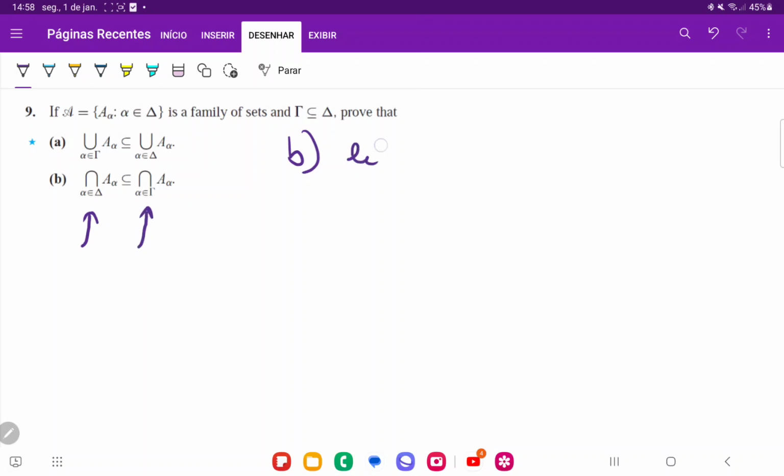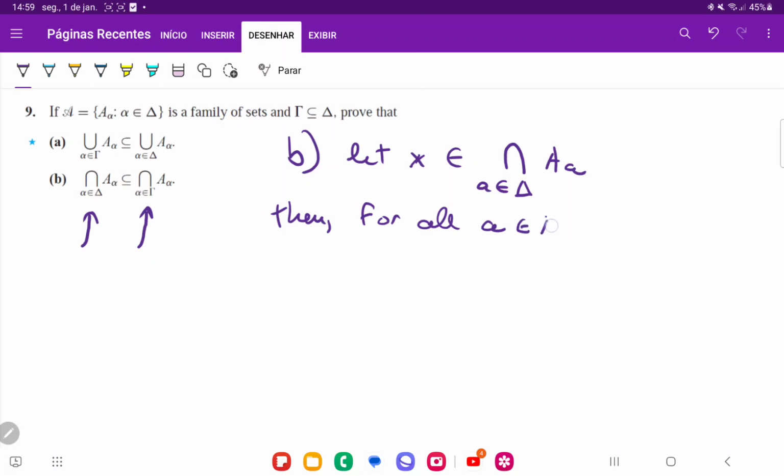So we're going to say, let X belong to the intersection over delta of A sub A. So now we're going to expand the meaning of X belonging to the intersection. Then for all the indexes belonging to this set here, X belongs to A sub A, right?